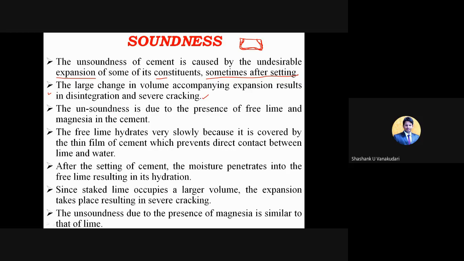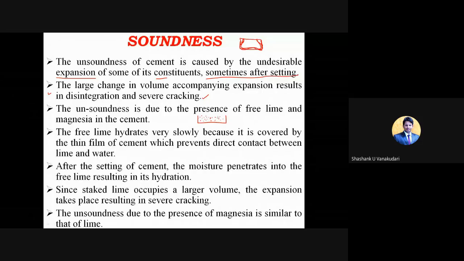So the unsoundness is due to the presence of free lime and magnesia in the cement content. Free lime: whatever cement you obtain, you obtain in the form of clinker, right? Once you get the clinker from the rotary kiln, these all are the clinker particles.